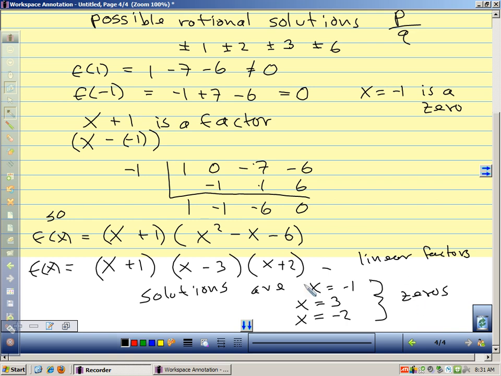So in finding the zeros, in finding the linear factors, you're doing the same thing. The zeros can give you the linear factors, and the linear factors can give you the zeros. Questions on that? Let's look at another example.